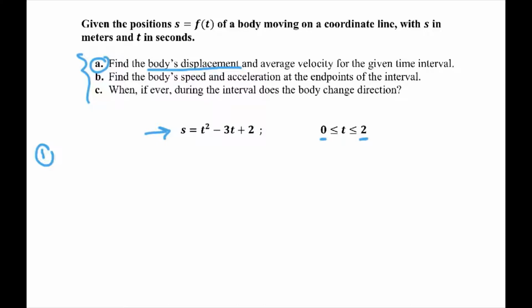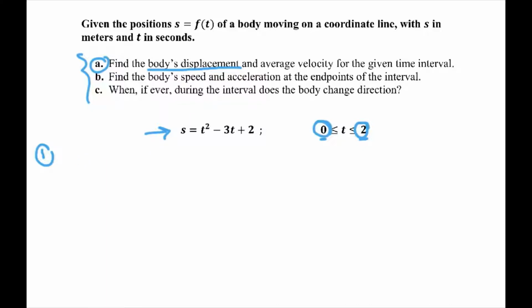So what is the body's displacement? Well, it's going to be the position at 2 seconds minus the position of the object at 0. So we're going to say s(2) minus s(0), and that's basically called delta s.